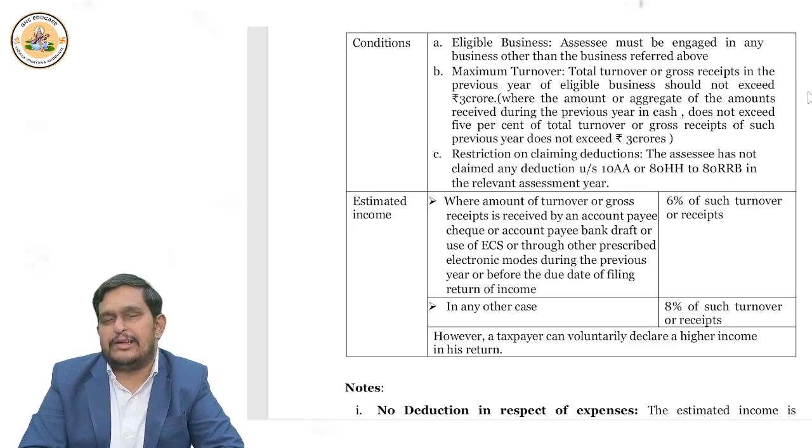Now once you compute income like this, what about deductions under sections 30 to 38? The answer is they are deemed to be allowed. What about depreciation? It is deemed to be allowed.